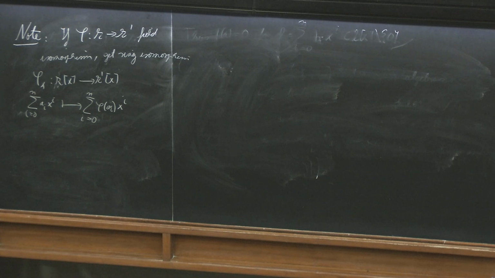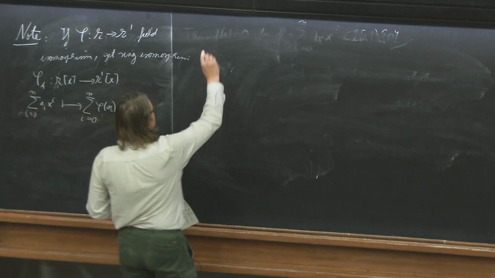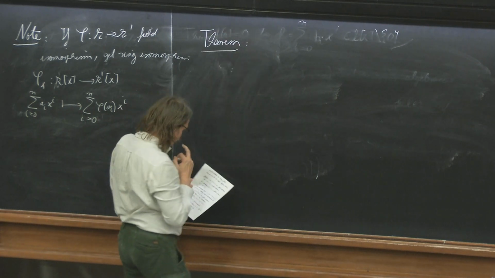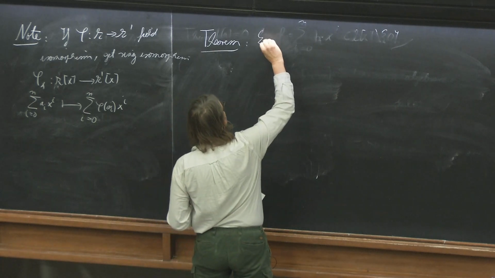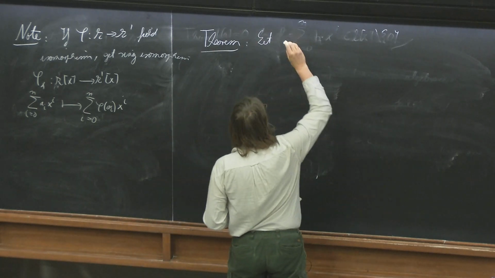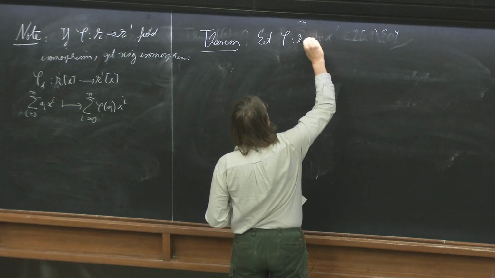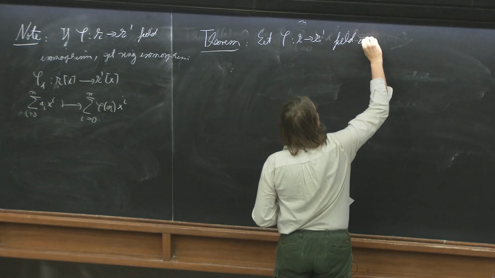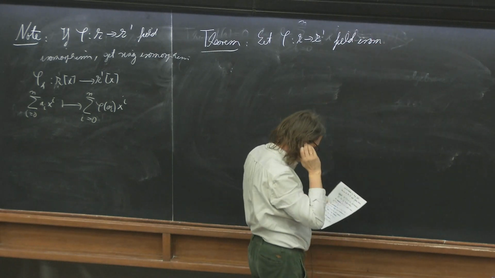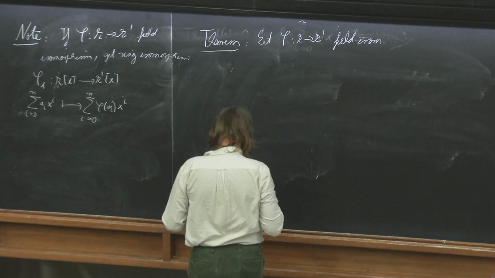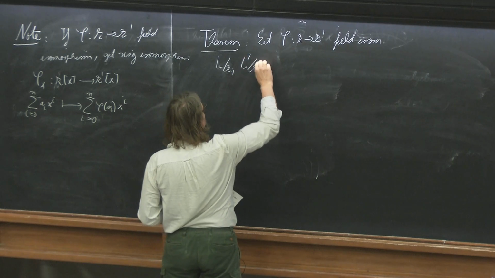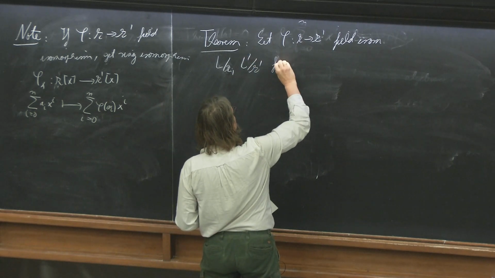Clearly, this is an isomorphism of rings. Then the theorem for algebraic extensions. So let L over K and L' over K' be field extensions.